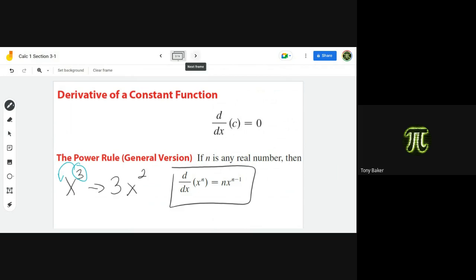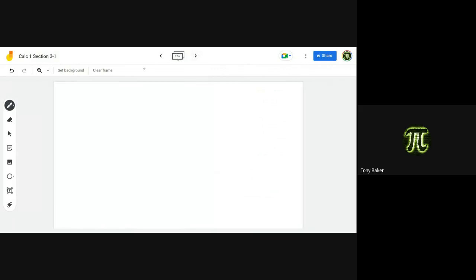All right, let's look at a few. So if f of x equals x to the 7th, what's f prime of x equal? 7x to the 6th.